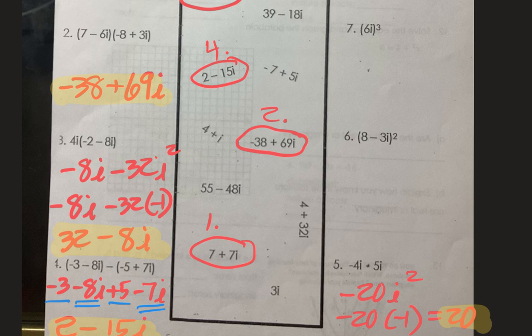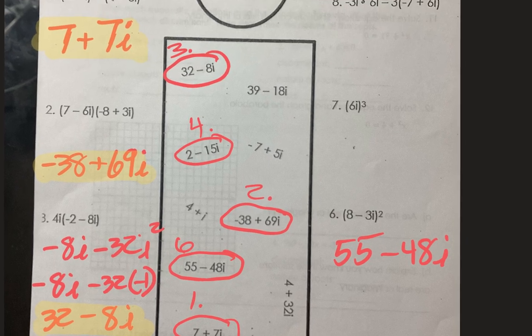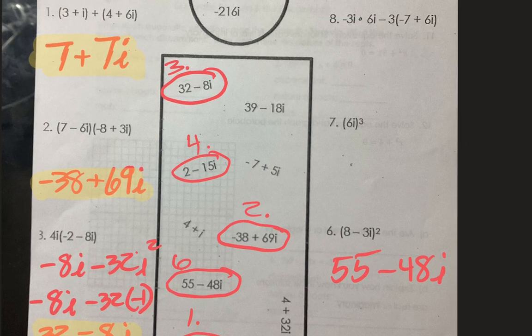All right, what did we say we had? 55 minus 48i. And we see that right here. So that's question number 6. Okay, let's see.